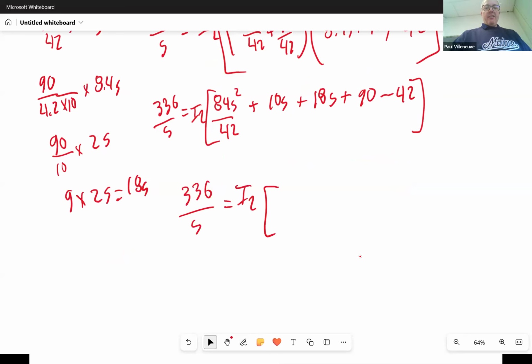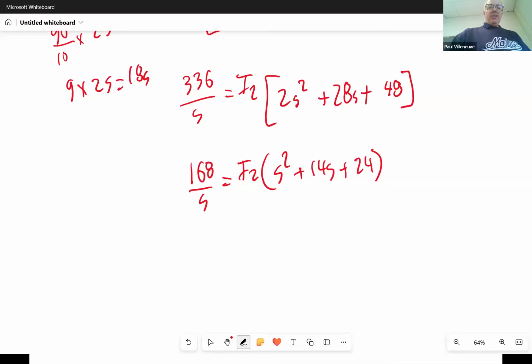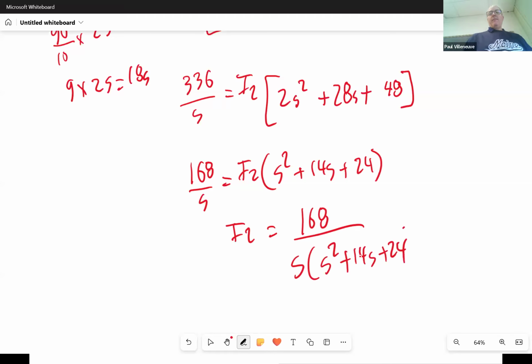Let's just call that 2S squared plus 28S plus... okay, I'm going to divide both sides by 2. So I get 168. That's an S.